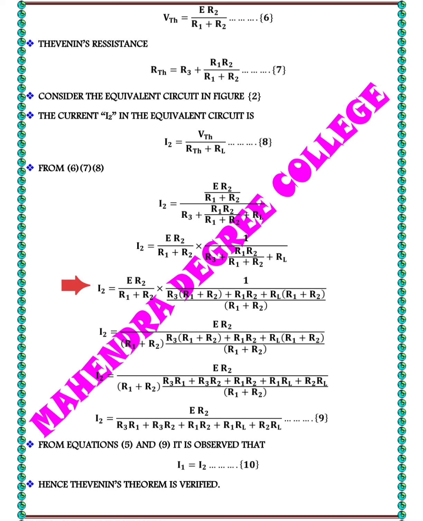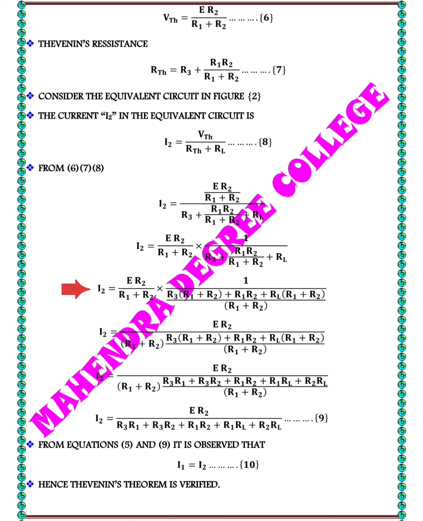Next step, combine the terms under a common denominator. I2 equals ER2 by R1 plus R2 into 1 by R3 into R1 plus R2 plus R1 R2 plus RL into R1 plus R2 by R1 plus R2.